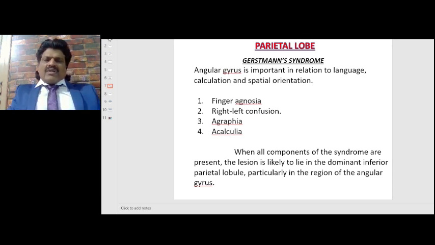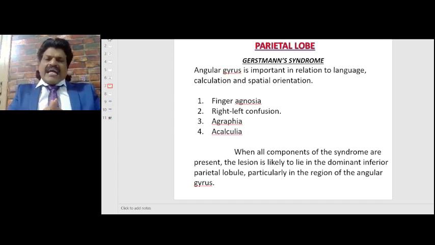They will have right-left confusion. Ask them to take the right hand to the left ear, or the left hand to some other part on the right side, and they get totally confused. This is known as right-left confusion. They have agraphia, difficulty in writing. They'll also have alexia, difficulty in reading.